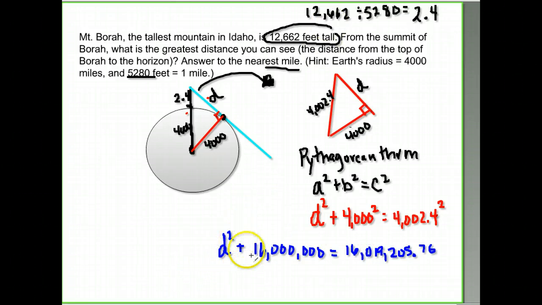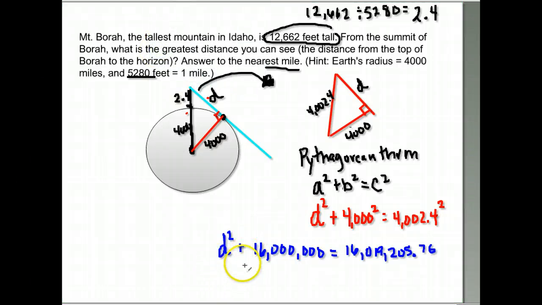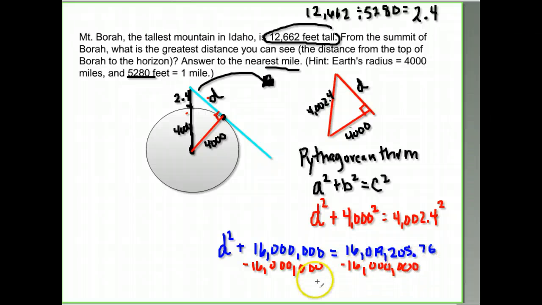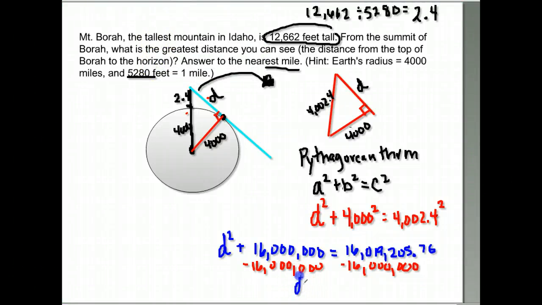From here, we're still solving for our D. So we need to get rid of this 16 million from this side. To do that, I'm going to subtract 16 million. That leaves me with just d squared on the left side equals 19,205.76.